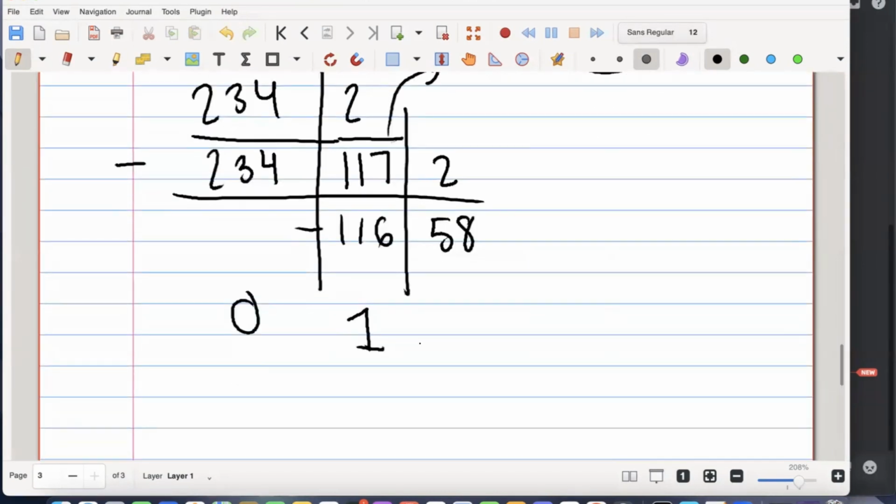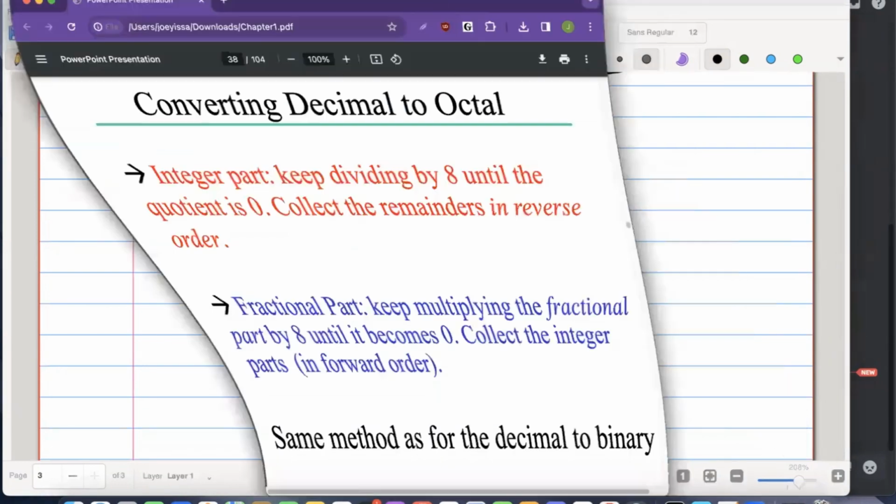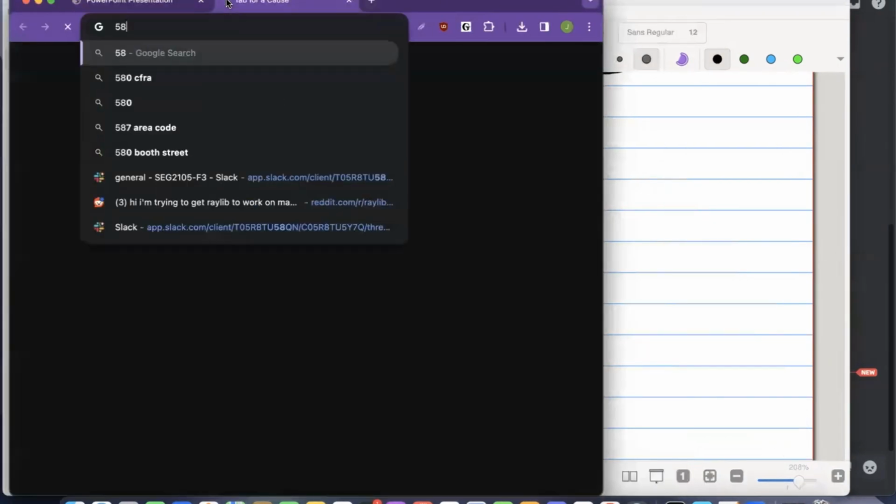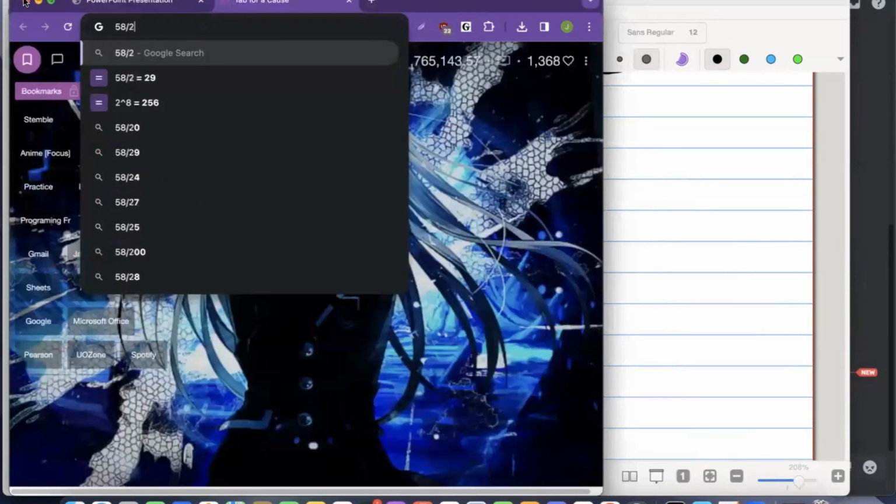You have 58. 58 divided by 2. This is an even number. What times 2 is equal to 58? That's going to be 29.